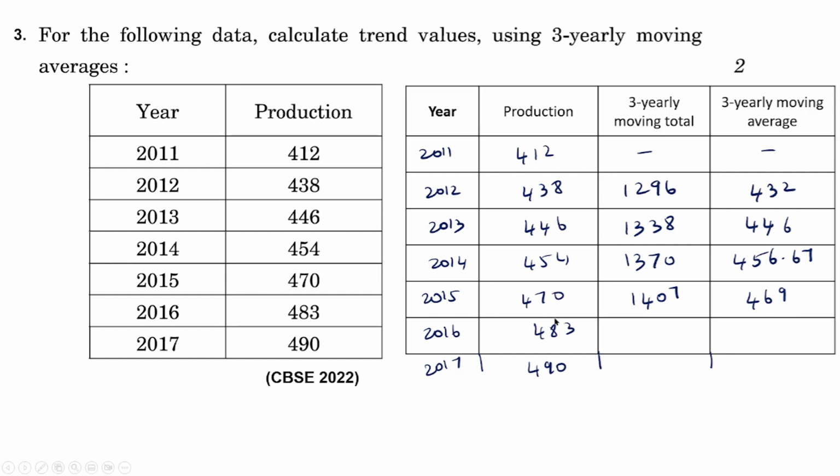Next we have the last value, 470 plus 483 plus 490, it is 1443, divided by 3 is 481. So these are the 3 yearly moving total and the 3 yearly moving average for this data. Again here finding 3 yearly moving total carries 1 mark and finding 3 yearly moving average carries 1 mark. A total of 2 marks for this question.